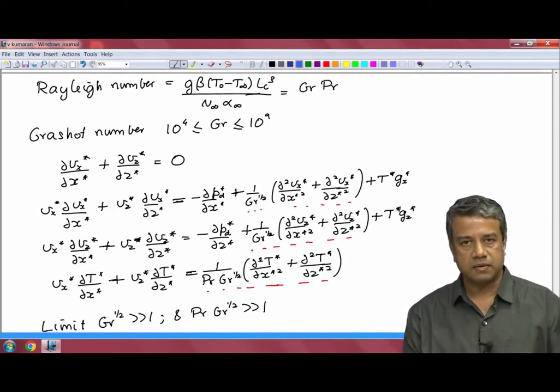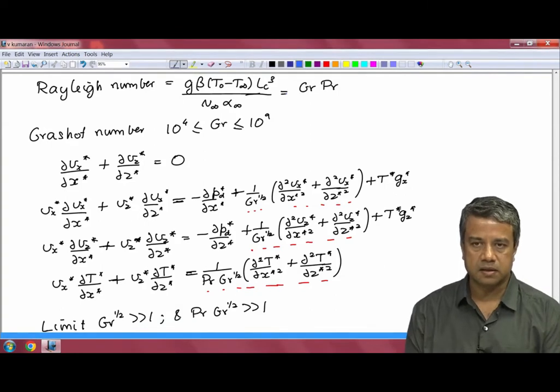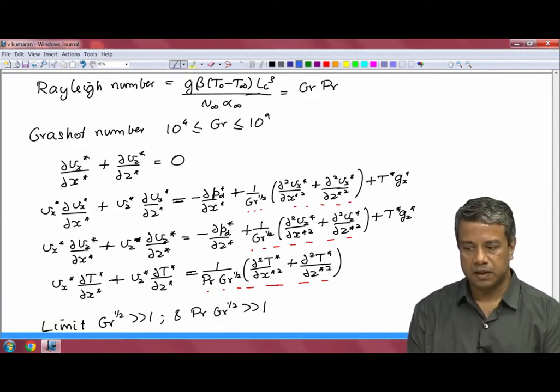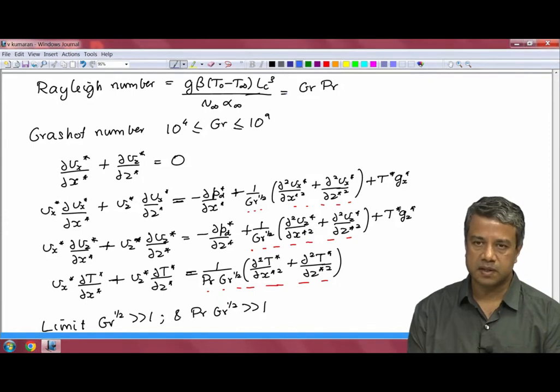We had discussed when we did dimensionless groups that the Grashof number is usually very large. Okay. It is usually 10 power 4 or higher. Okay. Grashof number is large implies the Reynolds number is large, or momentum convection is dominant compared to momentum diffusion.